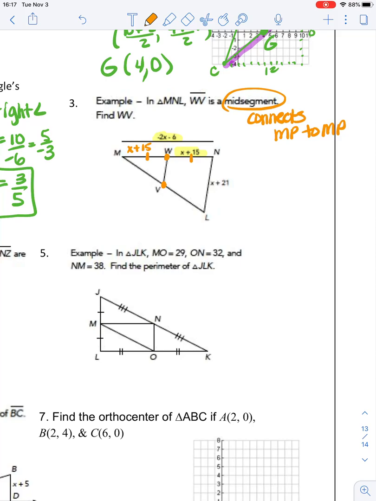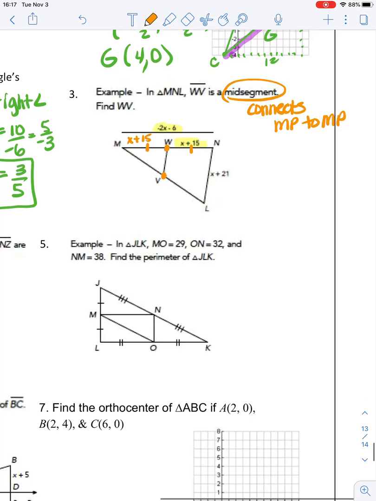It's going to take 2 of those to equal that. So if I take 2 of those x plus 15s, then I have 2x plus 30 is equal to negative 2x minus 6. Okay, so now we've got variables on both sides that we need to correct.